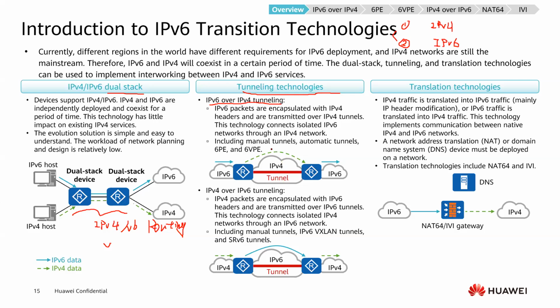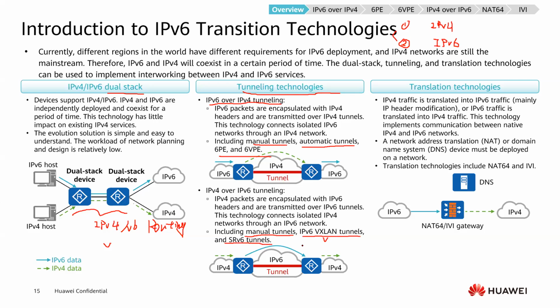This kind of tunnel includes manual tunnels, automatic tunnels, and 6PE and 6VPE. Another tunnel is v4 over v6 tunneling. Use the v6 tunnel to transfer the v4 traffic. This part of tunnels includes the manual tunnel, the v6 VXLAN tunnels, and SRv6 tunnels.